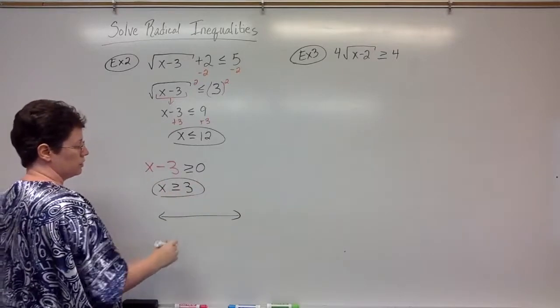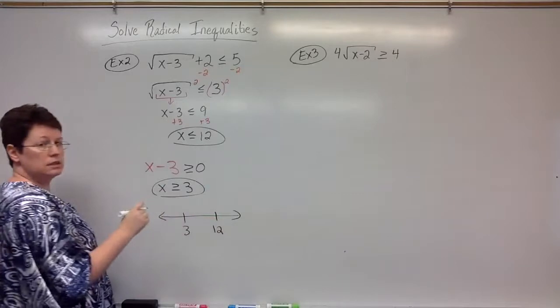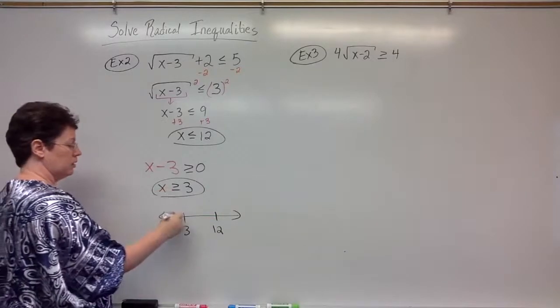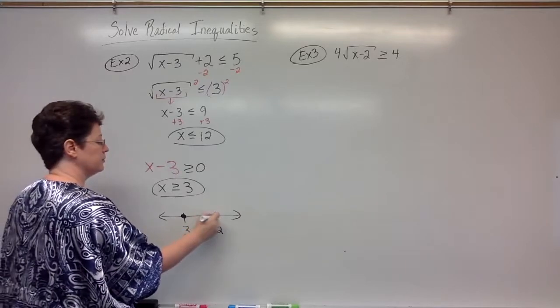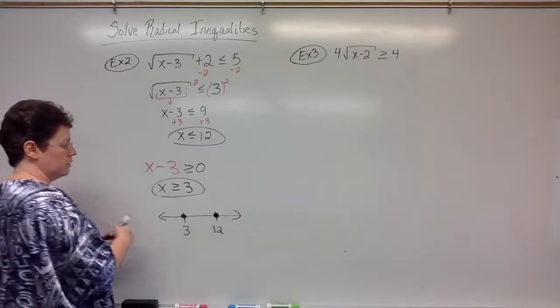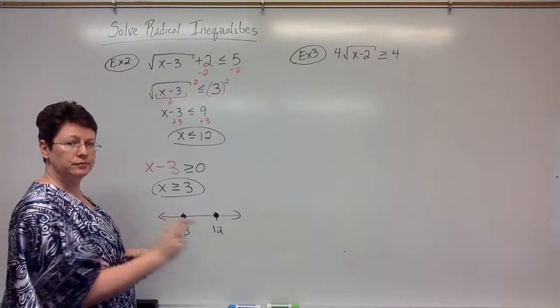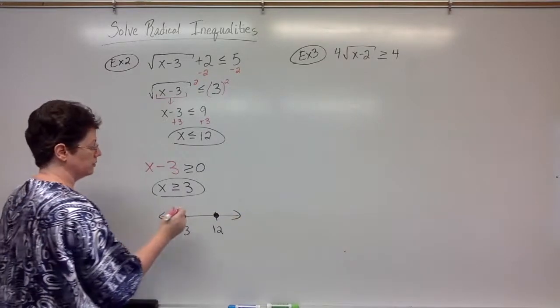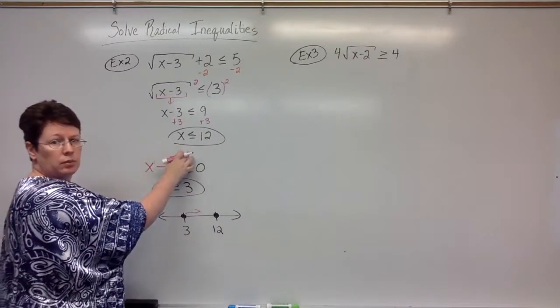Put both numbers on the number line. 3, 12. What kind of dot does the 3 get? Closed dot. What kind of dot does 12 get? Closed dot. From the 3, which way do we shade? Which way does the arrow point? Points to the right. So I'm shading to the right. From the 12, which way does the arrow point?